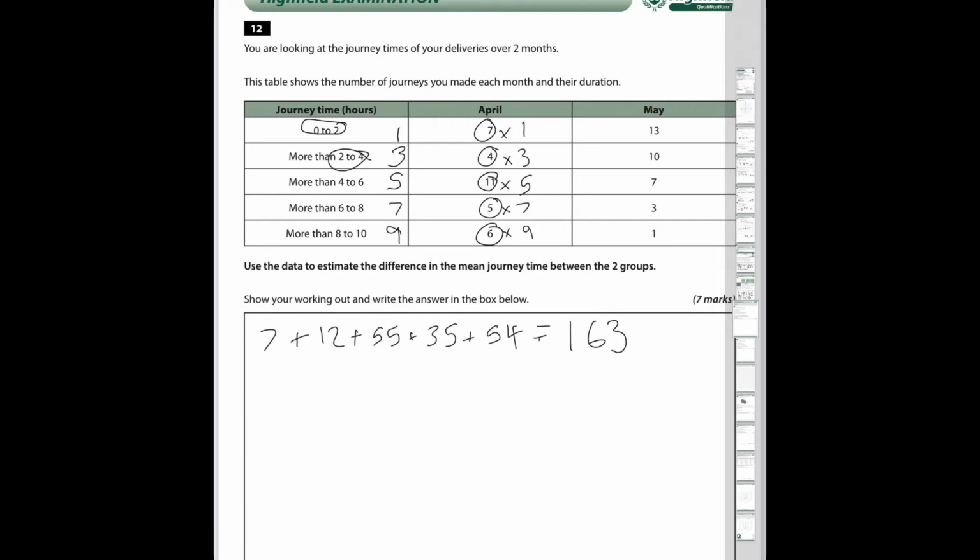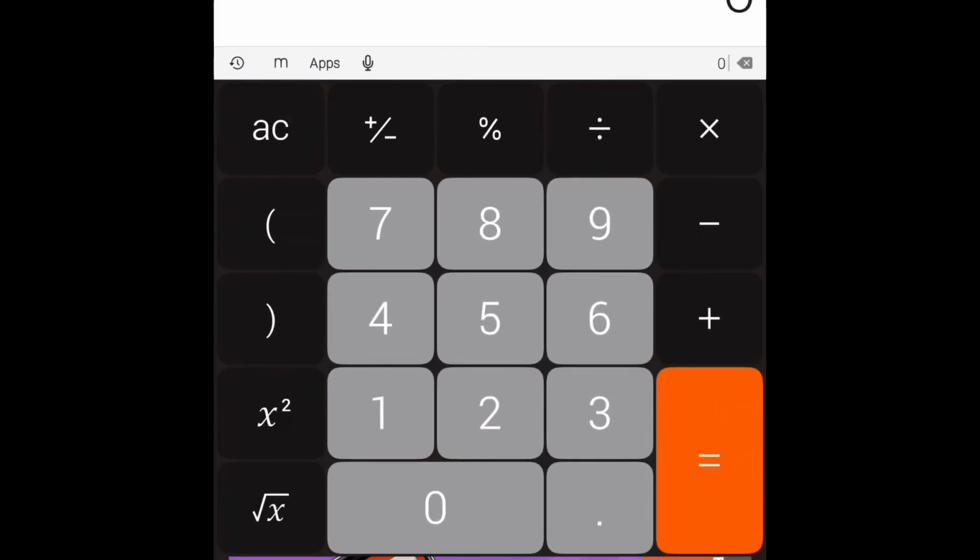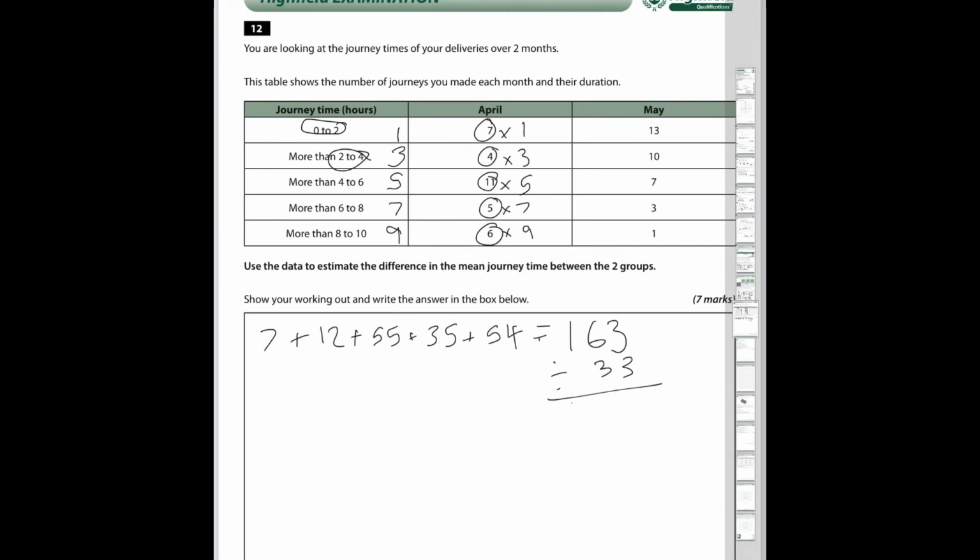So we divide 163 by 33, which is 4.94. So the average journey time for April is 4.94.